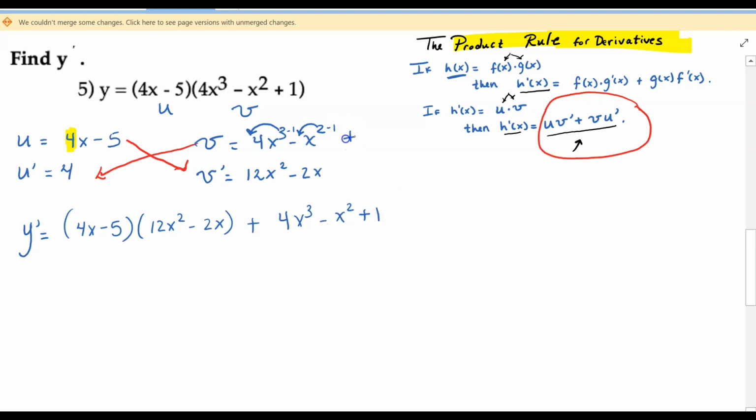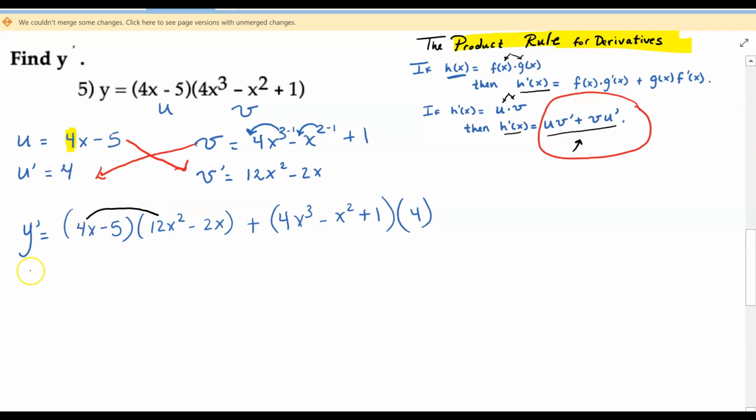And I forgot the 1 over here, sorry about that. But the derivative of 1 was just 0. So 4x cubed minus x squared plus 1, and then multiplied by 4. We're going to do some distribution, FOIL, if you will, combining of like terms, but it's not a big deal. So let's go ahead and do that.